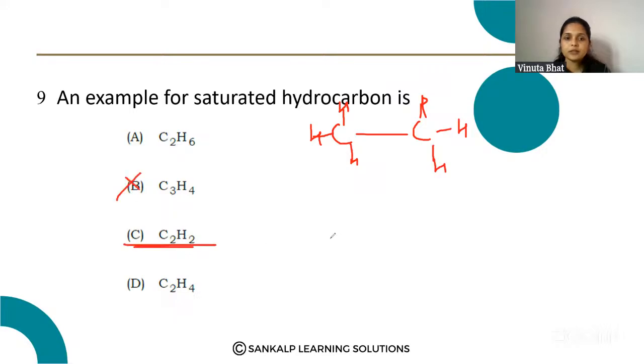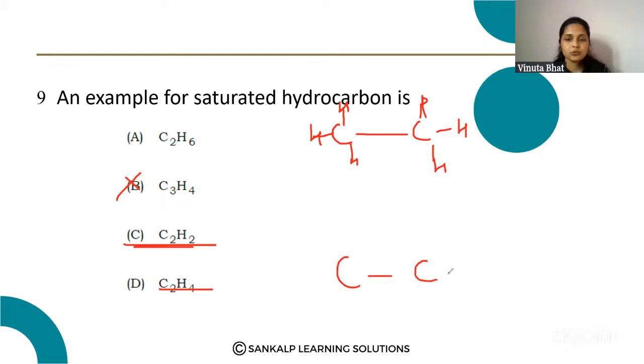Check the next one. C2H2: C double bond C with H, 4 valence is fulfilled, and here also 4 valence is fulfilled. So it also has a double bond. It is not a saturated hydrocarbon. See the next one, C2H4.